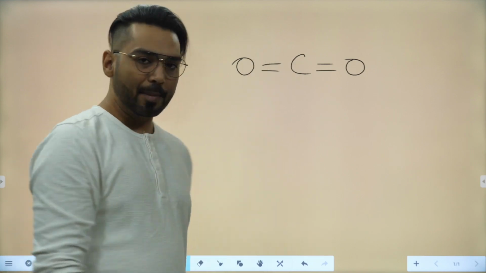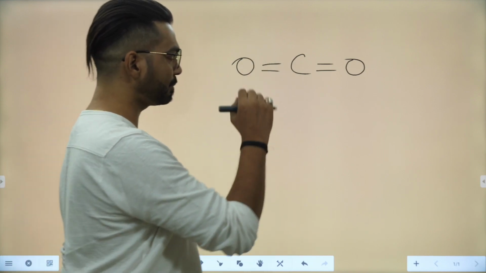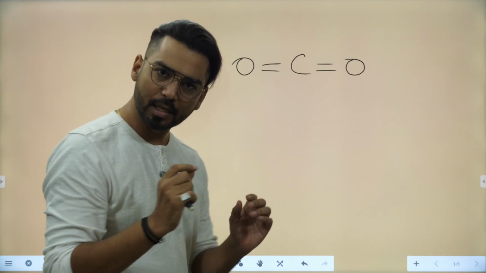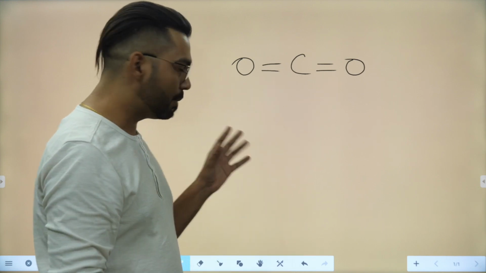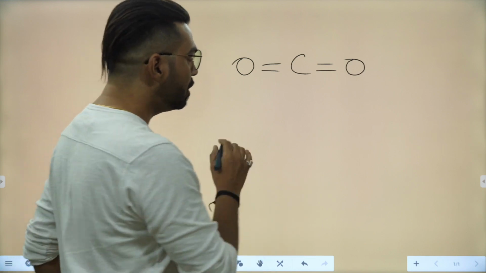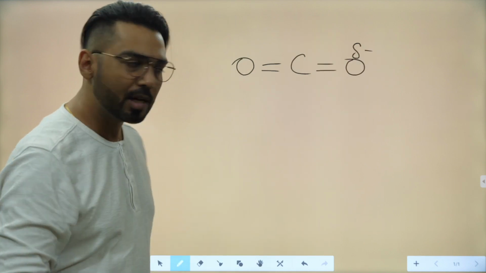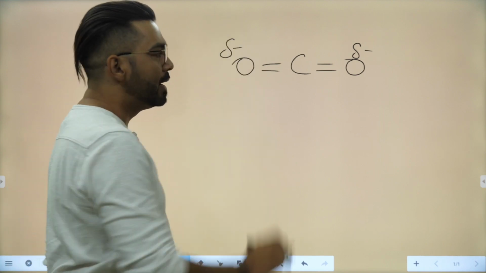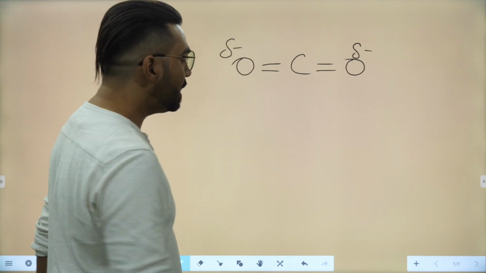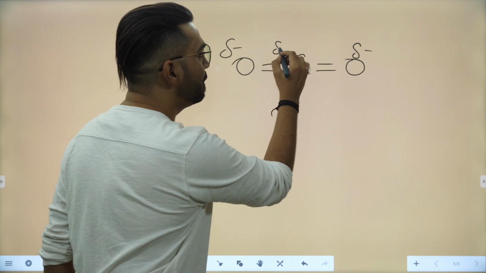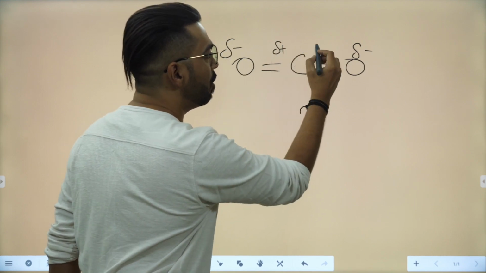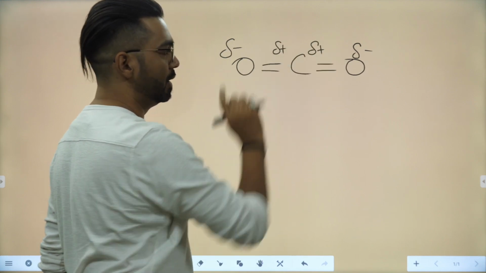So, carbon dioxide, right? Now, you know that oxygen is more electronegative than carbon. So we can say that this oxygen has a delta minus charge on it. Similarly, this also has a delta minus charge on it. Now, you see, guys, this carbon is going to have a delta plus charge because of this, and also another delta plus charge because of this.